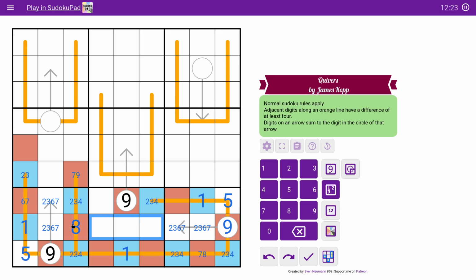This digit lies somewhere in here and somewhere in here. That means it can't be a 6, right? This can't be a 6 because that would make this a 1-2 pair. So there's a 6 here. There's a 6 here. So one of these is a 6.